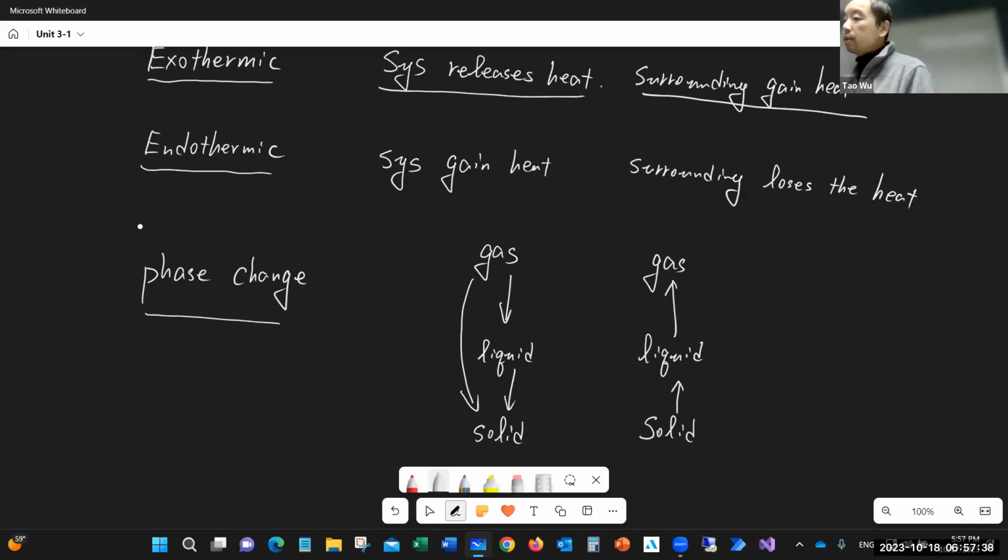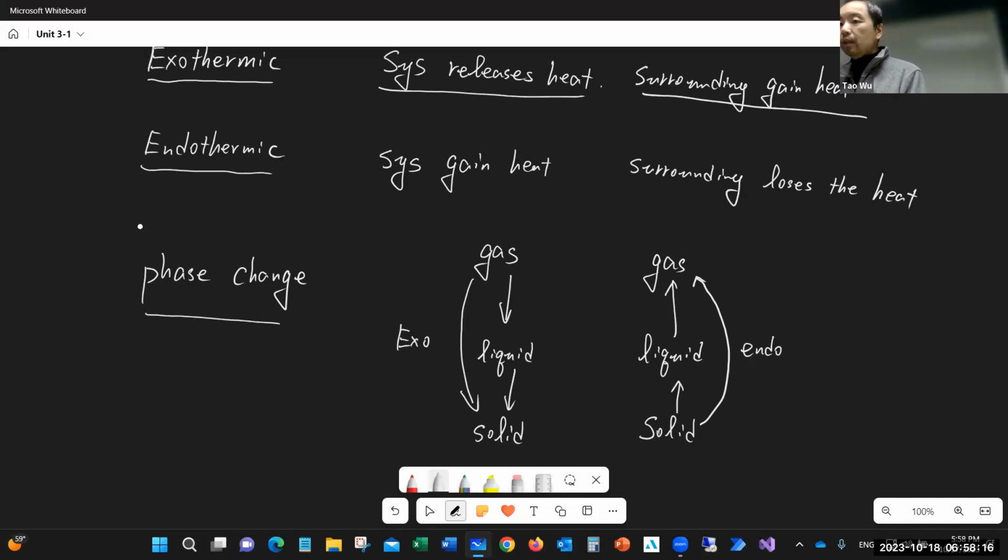So everything that goes down is exothermic because they are releasing the heat. Going up is endothermic because they need heat. In another word, when you boil the water, this is an endothermic process because the water needs to keep constantly getting heat, then reach the higher temperature, then boil. So boiling water, from liquid to the gas phase, is an endothermic process.